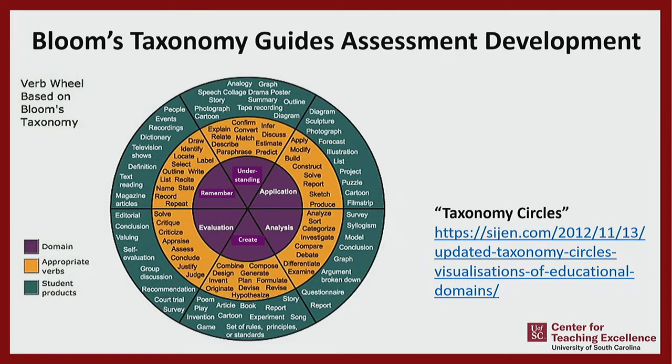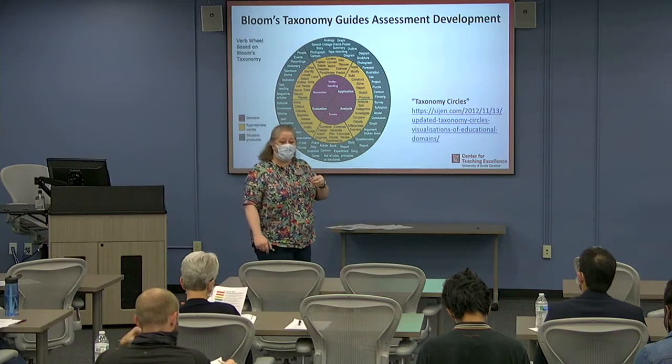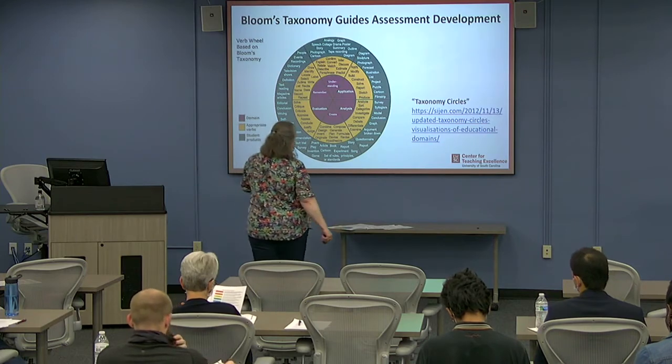So in this situation, say we wanted students to do evaluation: critiques, appraise, assessments. They can do self-evaluation, group discussion, editorials, and these are just a few examples. But what this shows you is that there are resources out there to help you find assessment types to ask that level of learning.